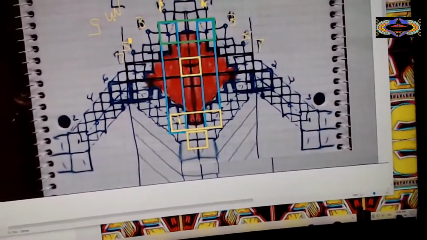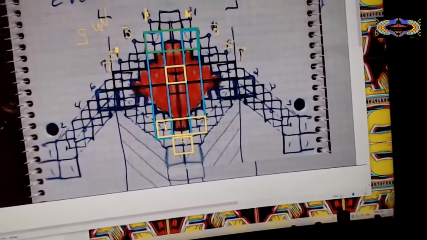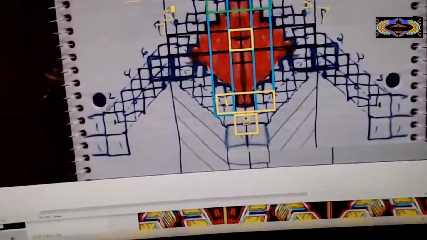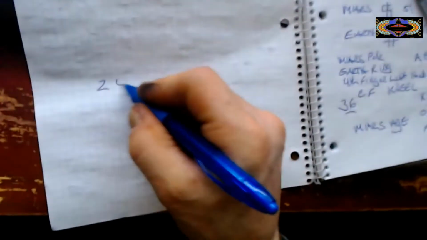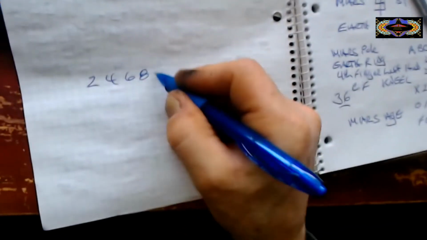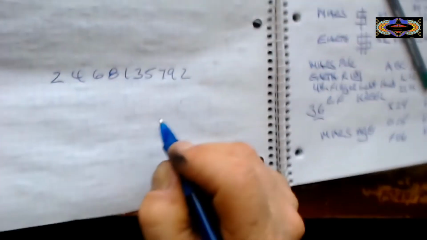I'm assuming that would get number 8. I'm assuming because 8 plus 2, you see, this is the way it goes. 2, 4, 6, 8, 1, 3, 5, 7, 9, 2.